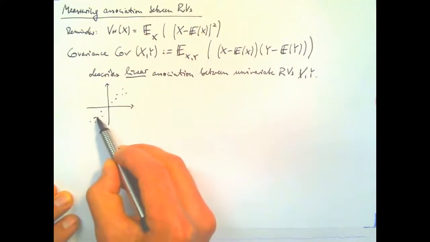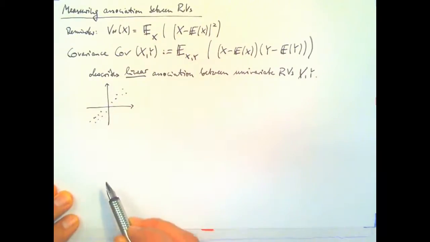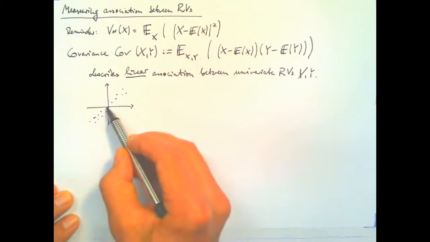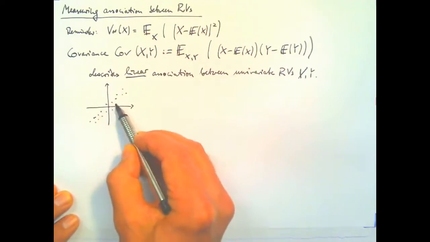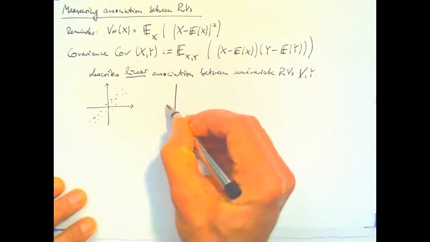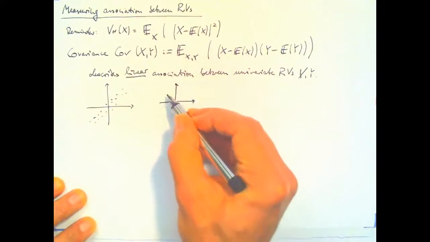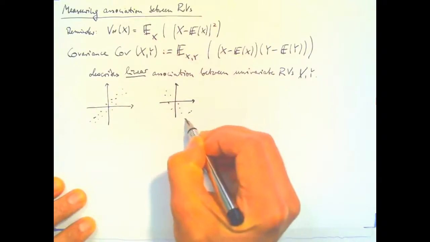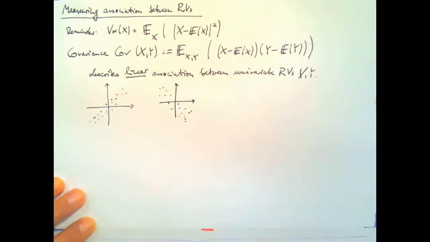And actually here we multiply a negative number with a negative number, so we also get a positive contribution. So what I'm plotting here would be a data set which has positive covariance, and on the other hand, this kind of data here would have negative covariance. And then there are all kinds of data sets that clearly have some structure, which unfortunately does not show up. And I'll show you a few examples in a minute.